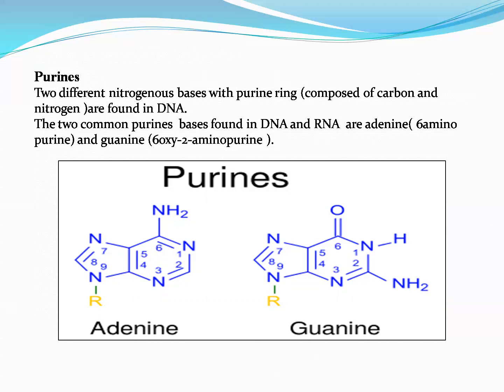Except the external groups, like here in the sixth position carbonyl group, and in the second position amino group, except these two external groups, we can call it the purine ring structure. So it is called the 6-oxy 2-amino purine. It is called guanine.